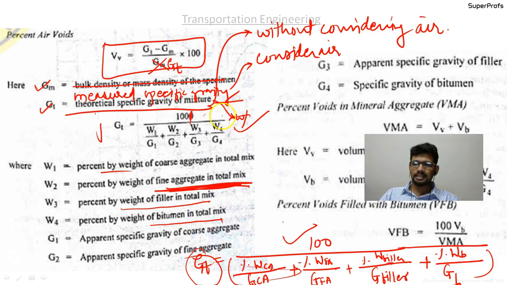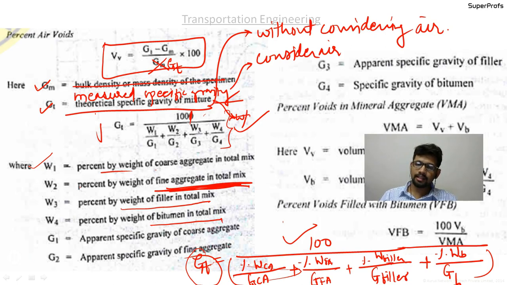So GT equal to 100 upon W1 by G1 plus W2 by G2 plus W3 by G3 plus W4 by G4, where W1 is the percentage by weight of coarse aggregate in total mix, W2 is percentage by weight of fine aggregate in total mix, W3 is percentage by weight of filler in the total mix, and W4 is percentage by weight of bitumen in the total mix.